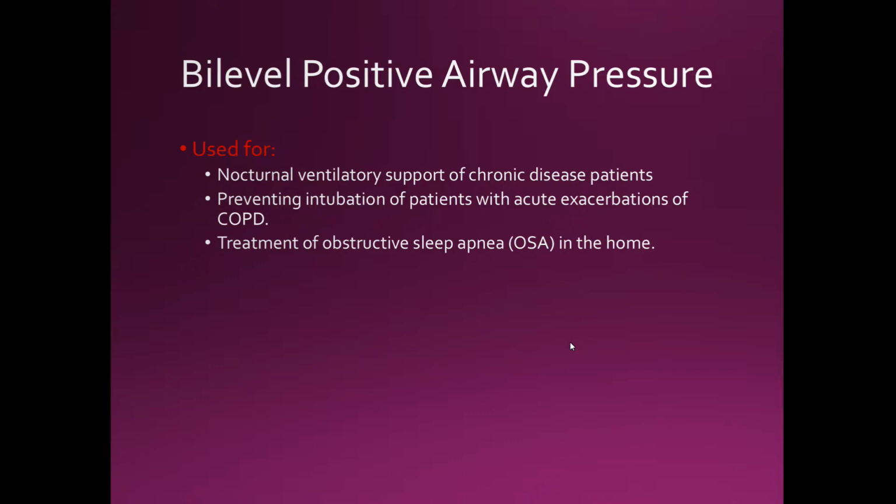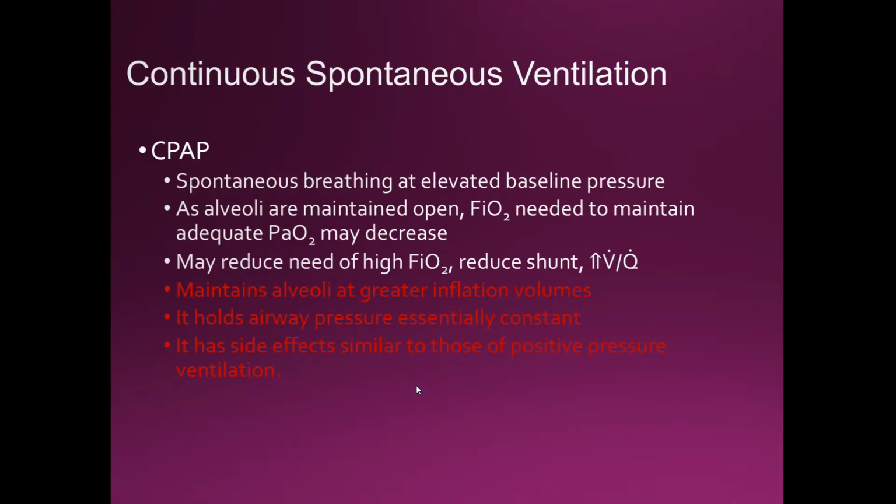If I give you BiPAP, you're going to cross it out. You don't need ventilation. If I give you some other mode, you're going to cross it out because you don't need ventilation. Why? Because the blood gas says there's an oxygenation issue. So that's going to be one way for you to weed out the wrong answers, because you have to know if it's a ventilation or oxygenation issue.